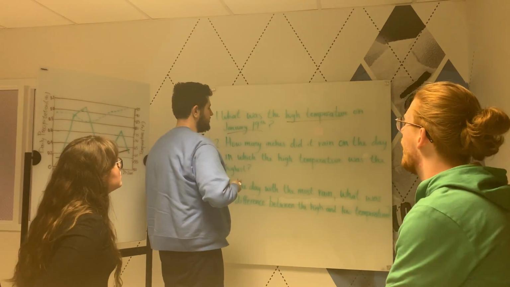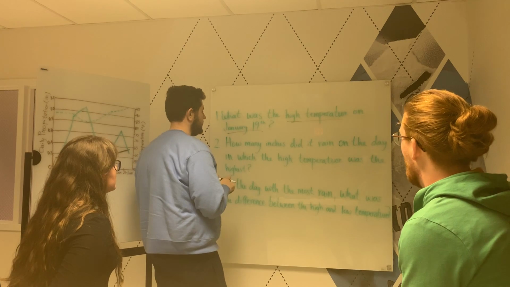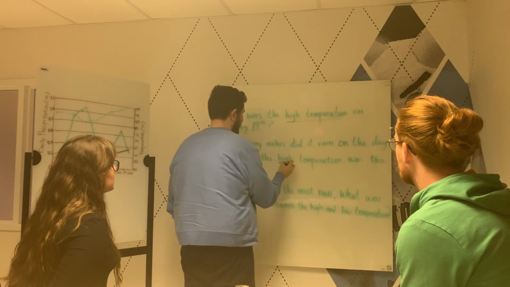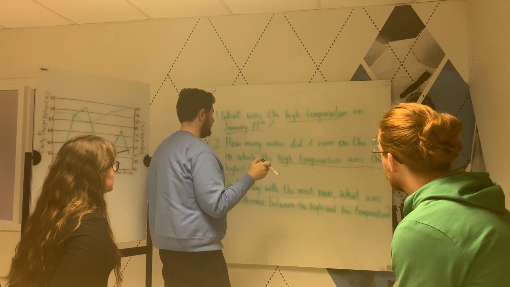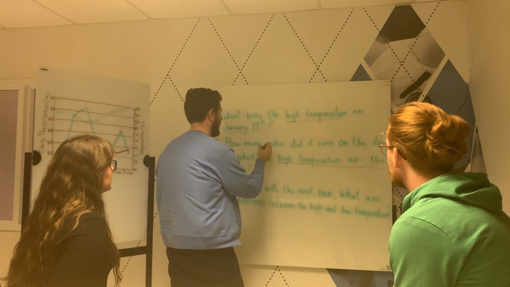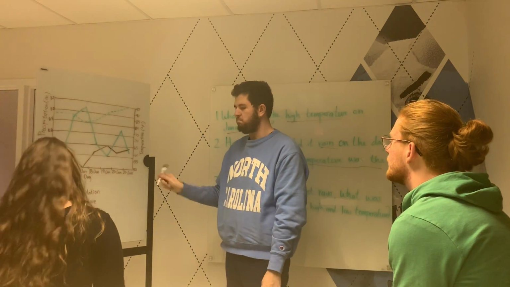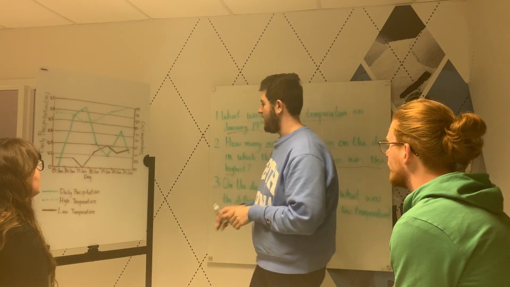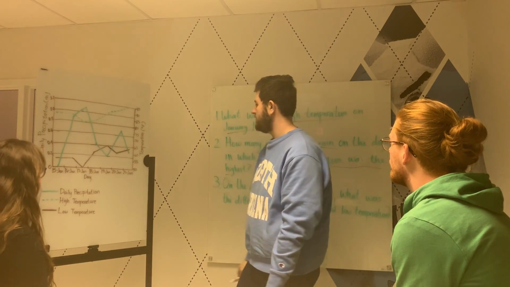So how many inches did it rain on the day in which the high temperature was the highest? So specifically, of the days listed, we want the one where the high temperature is the highest, and then for that day it's asking how many inches of rain. Right, so just walk me through the process like Richard did. Yeah, so the first thing is, out of the 7 days, you need to know which one the high temperature is the highest.